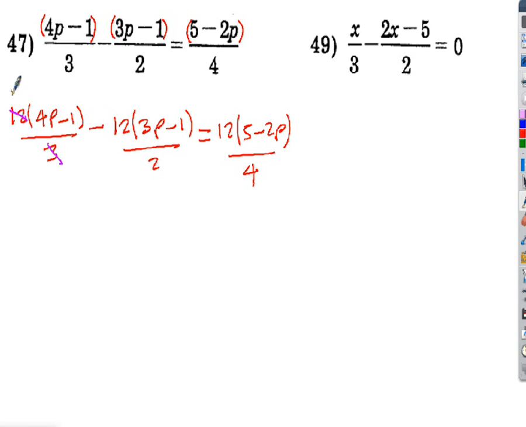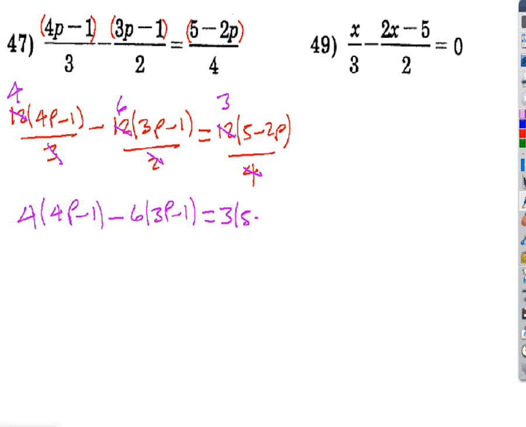Cancelling down, 3's into 12 will go 4, and 2's into 12 will go 6, 4's into 12 will go 3, so on my next line I will have 4, in brackets 4p minus 1, and I subtract from that 6, in brackets 3p minus 1, and that's equal to, on the right hand side, 3 in brackets 5 minus 2p.